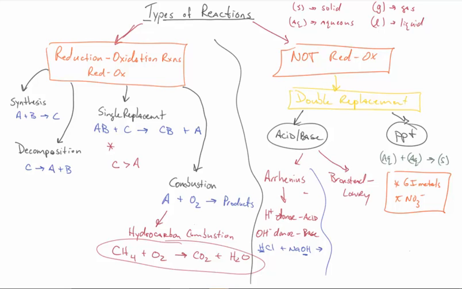Now, Bronsted-Lowry is a little bit more of a broad definition of what acids and bases are. And Bronsted-Lowry, the way he defines his acids, is still H plus donor. Those are acids, just like the Arrhenius. But now my bases are H plus acceptors.